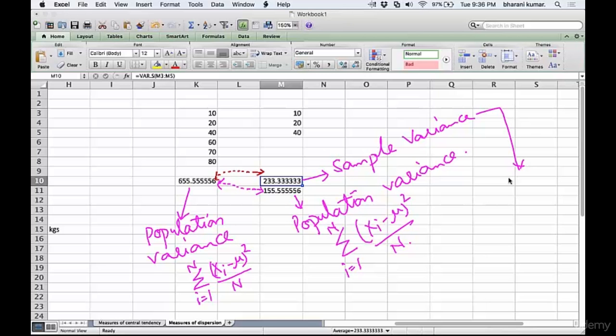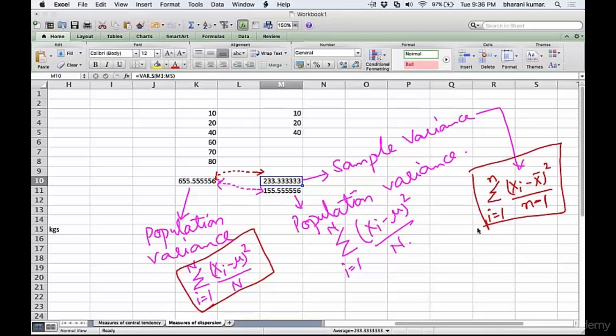Because the formula here is as follows: sigma i equal to 1 until n, xi minus x bar whole square, divided by n minus 1. This versus this, right?